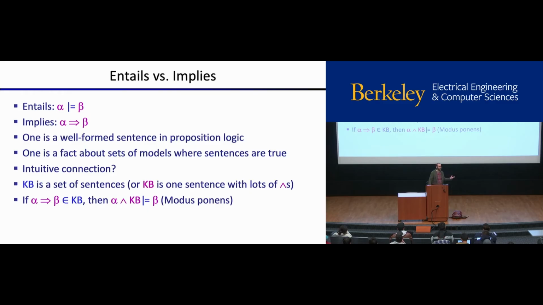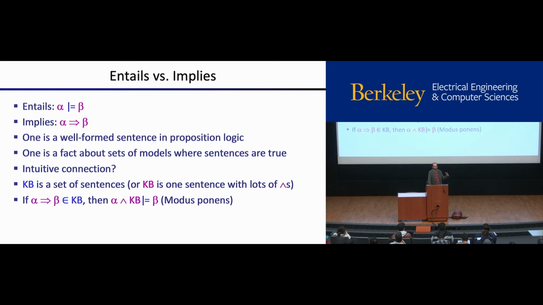We're used to thinking about agents with knowledge bases, with things you can add stuff to. And so if I hear alpha implies beta and I add it to my knowledge base, then now, with respect to me, alpha kind of entails beta. I mean, technically I need to say alpha and my knowledge base entails beta, but we're used to kind of forgetting about that detail because we take the knowledge base for granted.